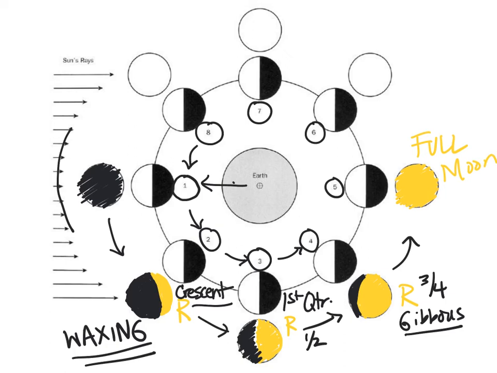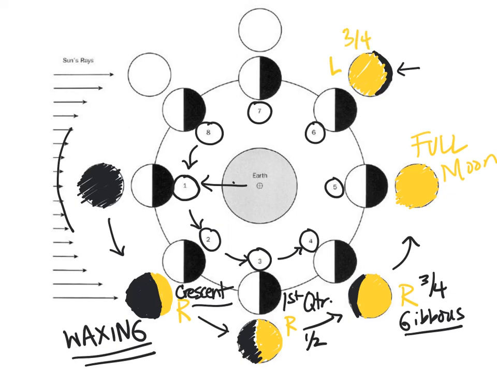Okay, now my curtain is going to start to close. As my curtain starts to close, it's just going to close a tiny bit on the right-hand side. So we still have 3/4 of it illuminated, but now it's going to look like the illumination is on the left-hand side.